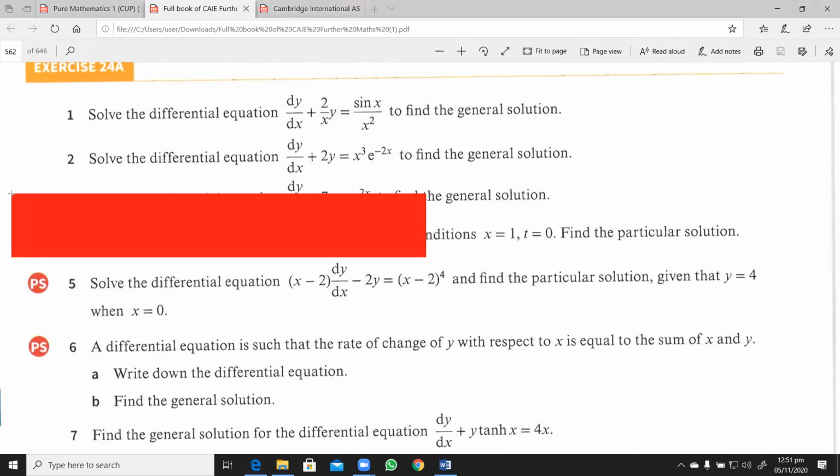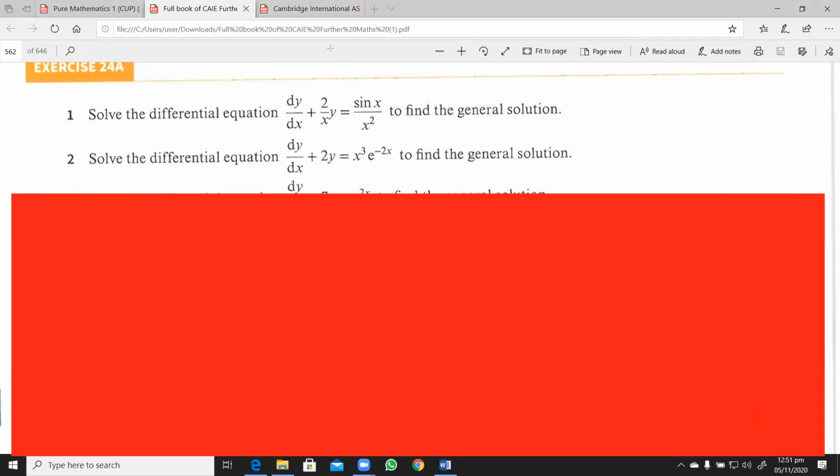All these equations can be written in the form dy by dx plus f y equals g, where f and g are functions in x.